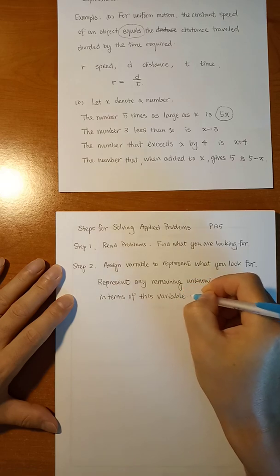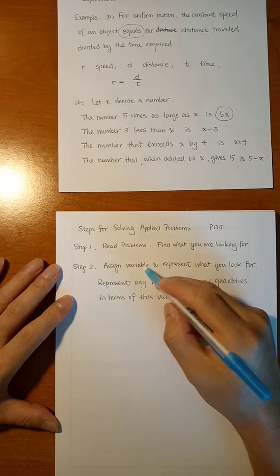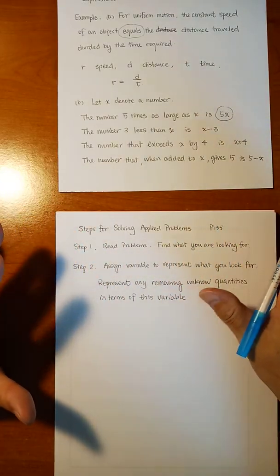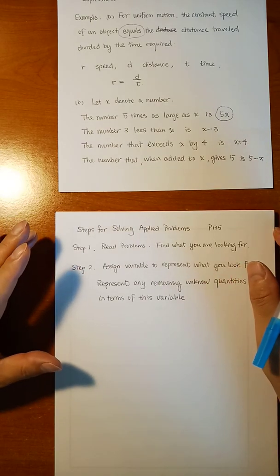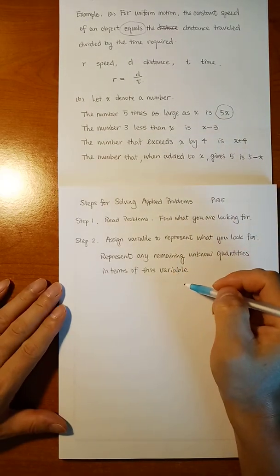So basically you represent what you're trying to find, and then you use this variable to express other quantities, as many as you can. Okay, so that's the second one.